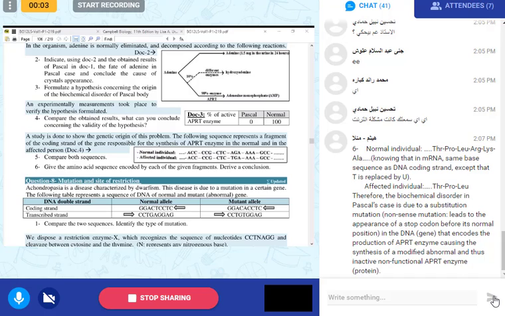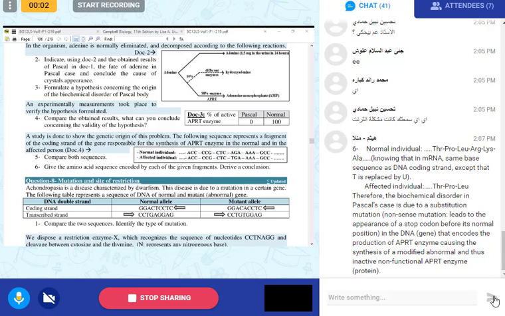Therefore, the biochemical disorder in Pascal's case is due to a substitution mutation, a nonsense mutation, which leads to the appearance of a stop codon before its normal position in the DNA gene that encodes the production of the APRT enzyme, causing the synthesis of a modified, abnormal, and thus inactive, non-functional APRT enzyme protein.